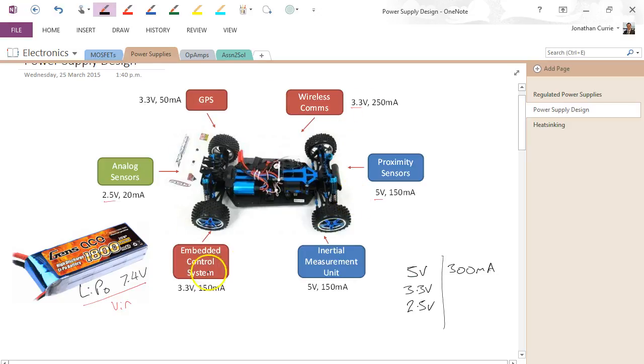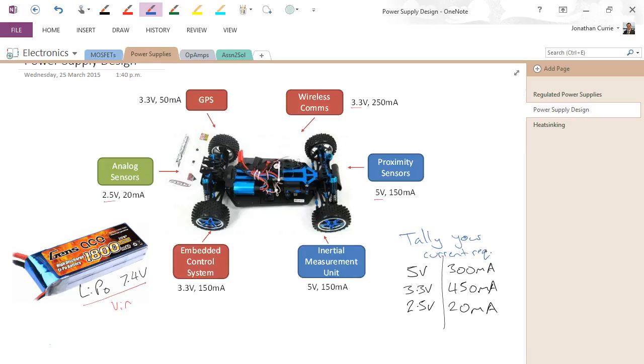The 3.3 volt requires 300, 400, 450 milliamps, and the 2.5 volt in this case requires 20 milliamps. So start with, tally your current requirements.